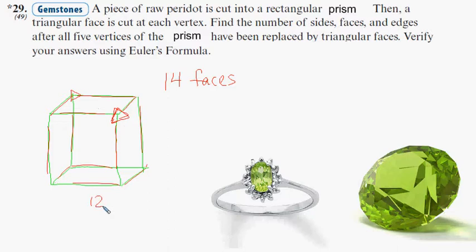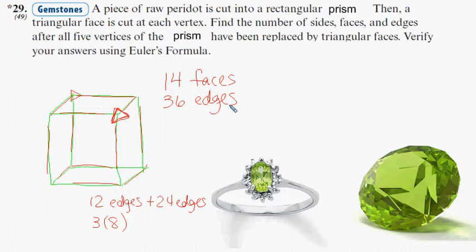So 12 edges initially, and then we've got 3 more edges at every vertex. So there's 3 edges, and how many of those were there? 1, 2, 3, 4, 5, 6, 7, 8. So that means we have another 24 edges. So 12 edges plus 24 edges gives us 36 edges, all right?